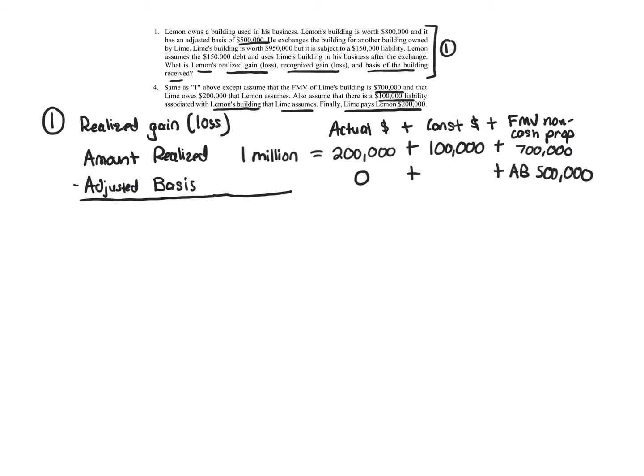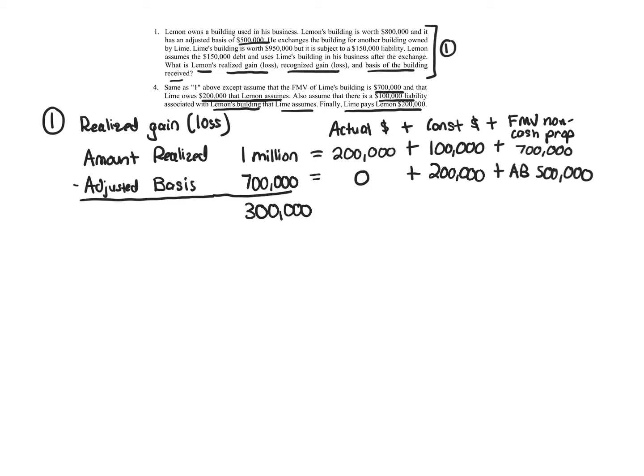There is a $200,000 liability that Lemon assumes. So the basis of the property contributed by or transferred over from Lemon to Lime with respect to Lemon is $700,000. So $1 million amount realized minus $700,000 adjusted basis is $300,000 realized gain or loss.